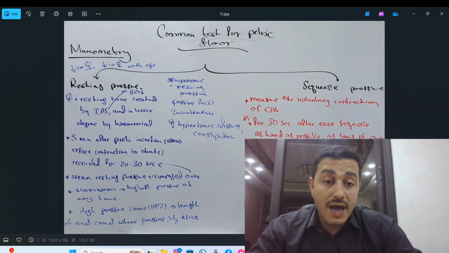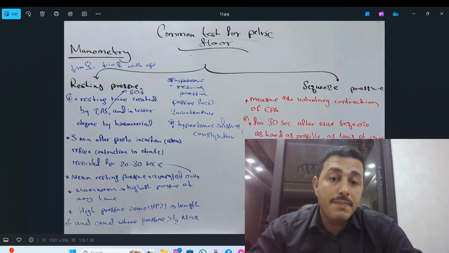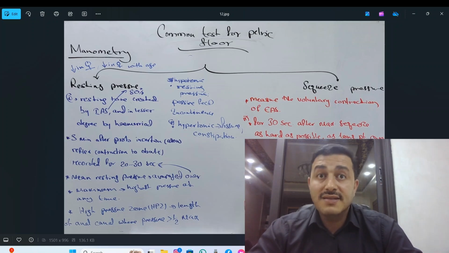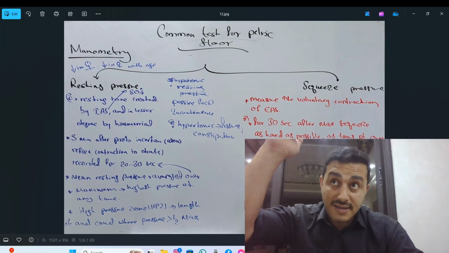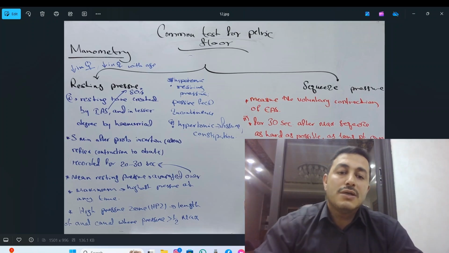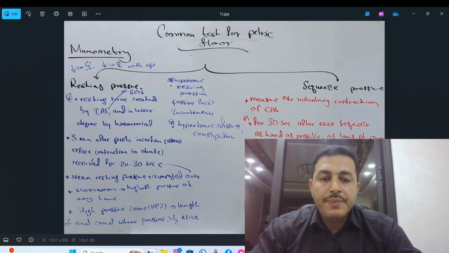What else do we want to add regarding the squeeze pressure? We have to check the maximum, which means asking the patient to squeeze maximally, as hard as possible, as long as he can. As hard as possible, this is the max. As long as he can, this is the sustained squeeze pressure.